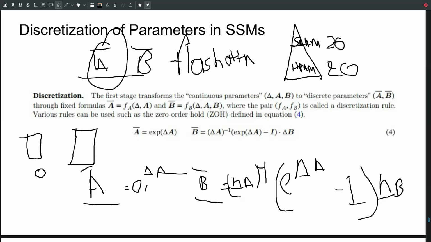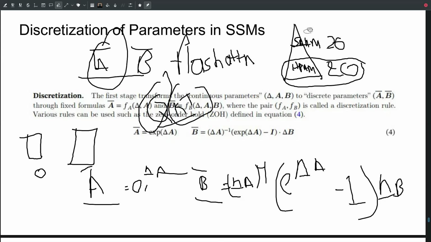HRAM gives you really high storage, but SRAM gives you really low storage but really high throughput. In flash attention, by calculating KT transpose, you can't do it all in SRAM because it will be really big. So you copy the individual parameters, compute in SRAM and store immediately in HRAM.